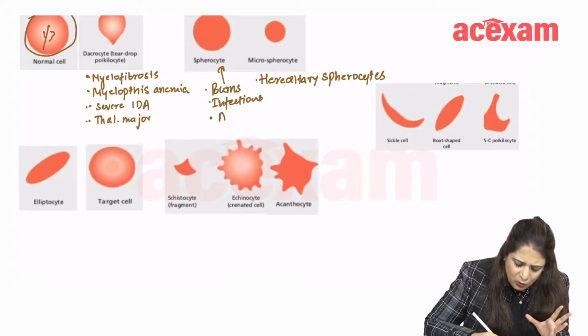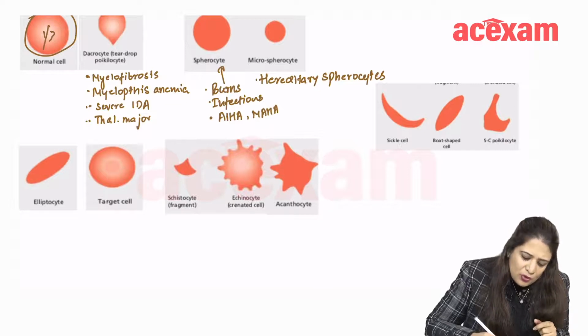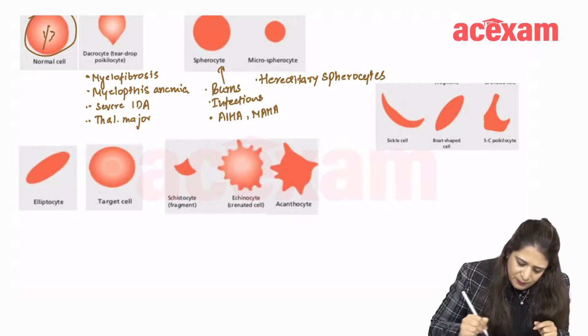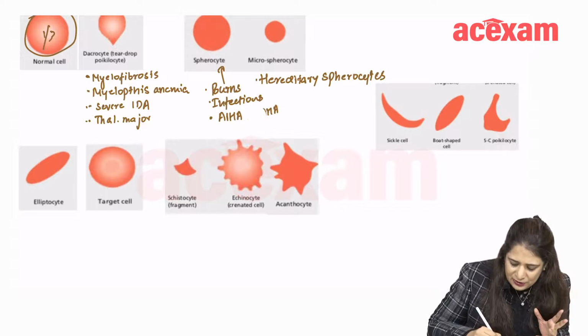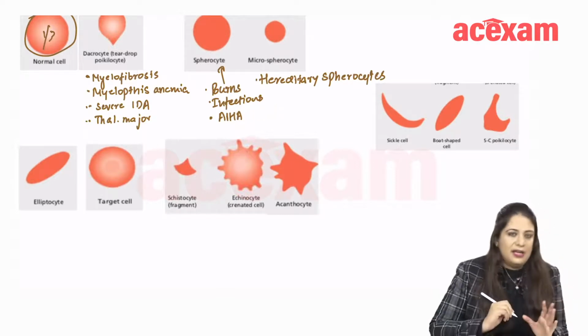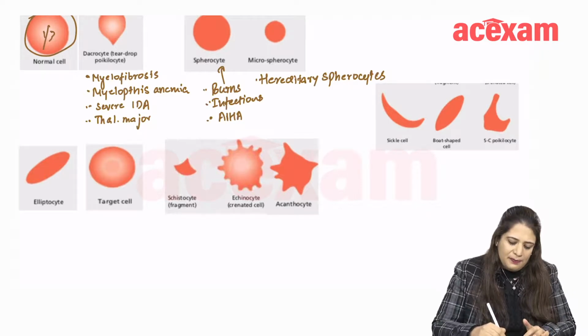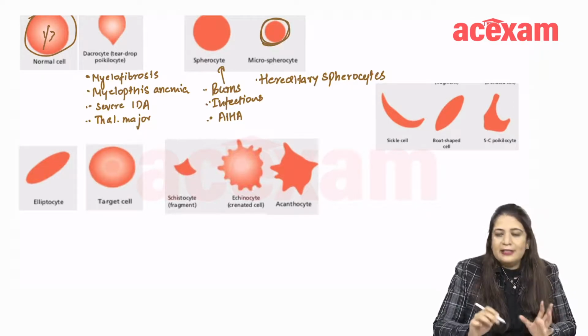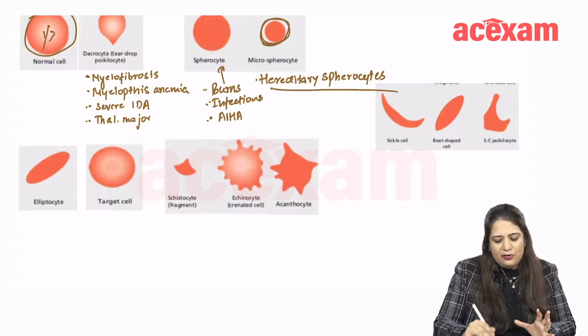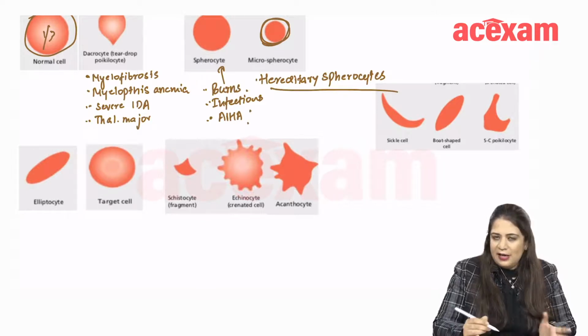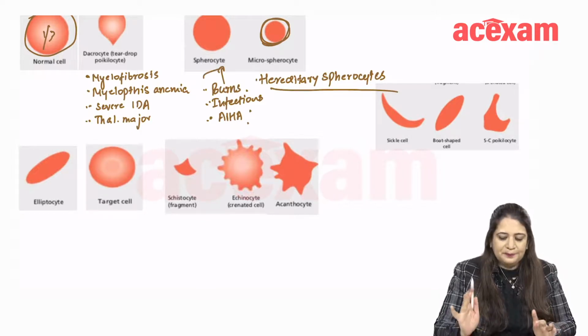Even in autoimmune hemolytic anemia, there is loss of the membrane of the RBCs, and in microangiopathic hemolytic anemias. Though fragmentation predominates in MAHA, spherocytes can also be seen. But these causes are good enough, you can remember. Microspherocytes especially are seen in hereditary spherocytosis, whereas burns, infections, AIHA show spherocytes.